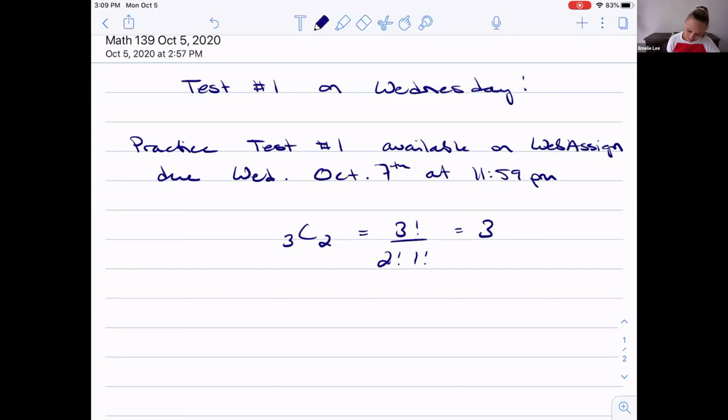Okay, something like that. If you use your calculator, you could even skip this step. That's totally fine.